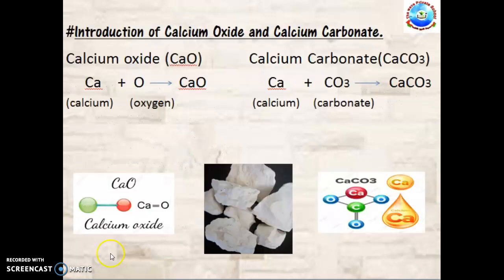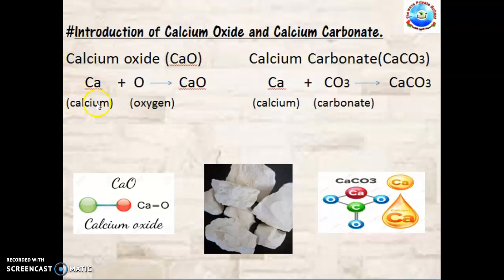In the introduction, we are going to see how calcium oxide and calcium carbonate are formed. So, we all know atoms like calcium, oxygen, hydrogen. What happens when they react with each other? For example, let us see with calcium.